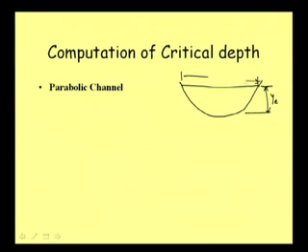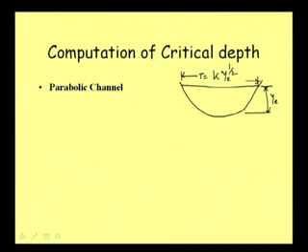So let us take a parabolic channel like this, and in a parabolic channel, if this depth is yc, then this top width can be expressed in terms of yc as, say, k some coefficient and yc to the power half. This is our top width. From the very basic expression of parabola, we can write it like that.